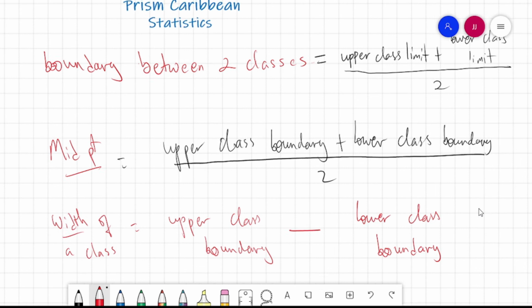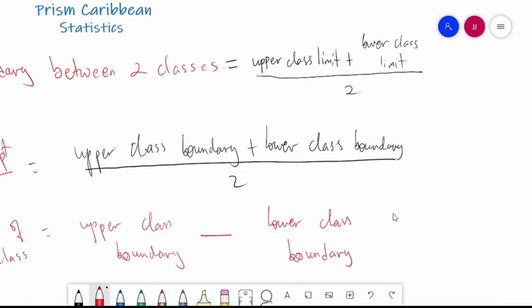And if I may add, I did miss this out in the last video. But before I get into the recap, the boundary between two classes is simply taking the upper class limit and the lower class limit, adding both, and dividing by 2.